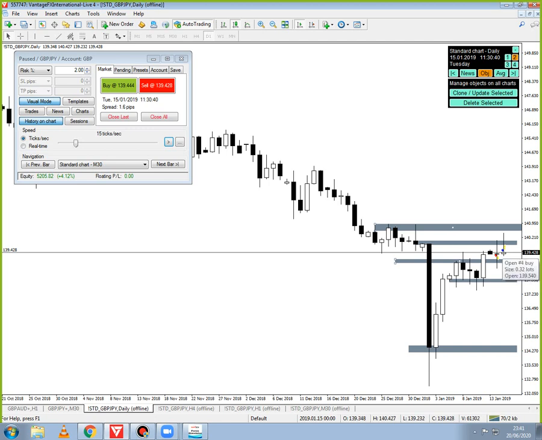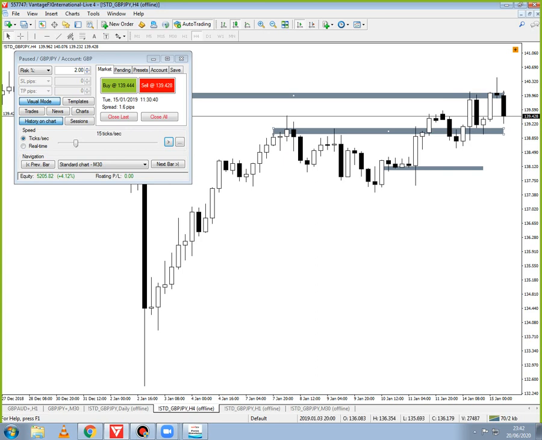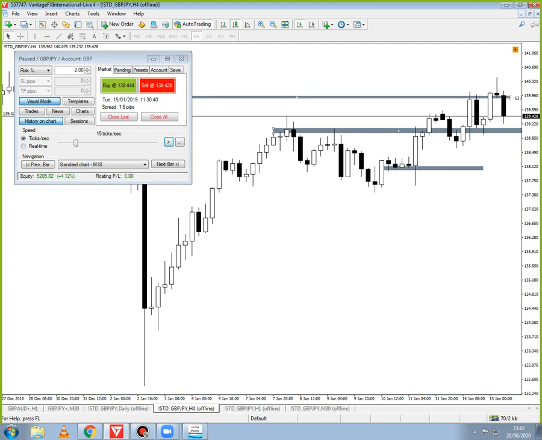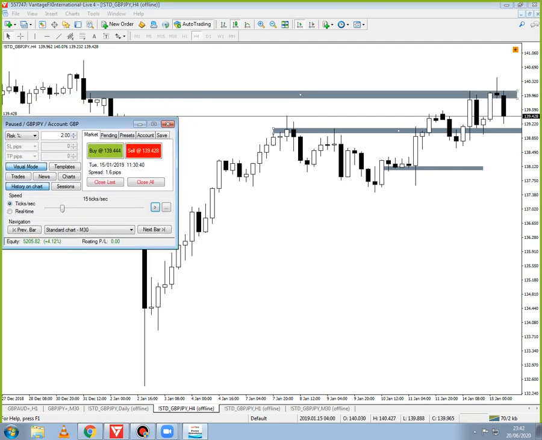Daily came up and actually broke the high of the previous daily candle, but it seems like now we are closing back within this range again. So let's go down to the 4 hour. 4 hour is kind of ranging again within this range here.